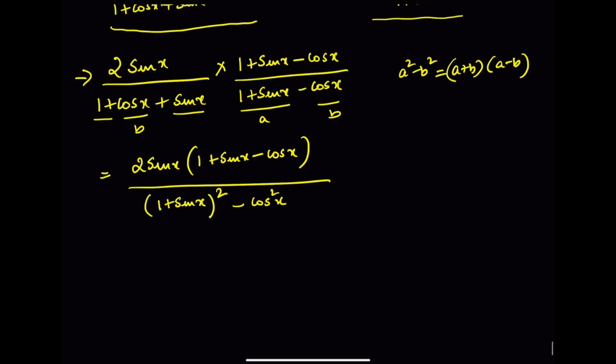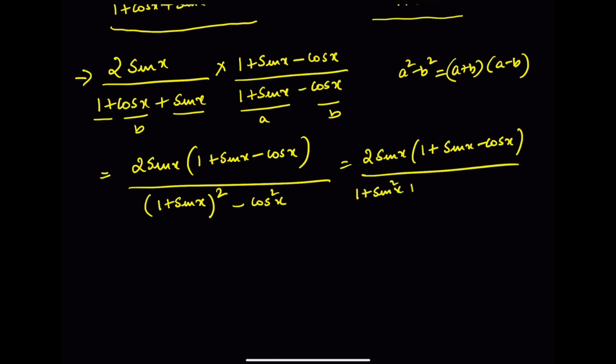Now let's apply this a plus b the whole square here. So this will be 2 sine x times 1 plus sine x minus cos x, the numerator, divided by 1 plus sine square x plus 2 sine x minus cos square x.